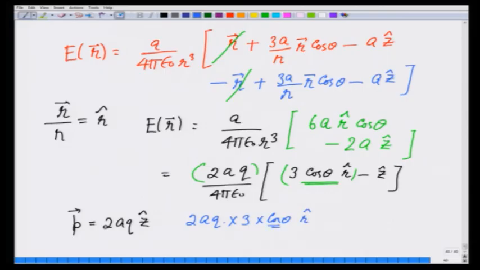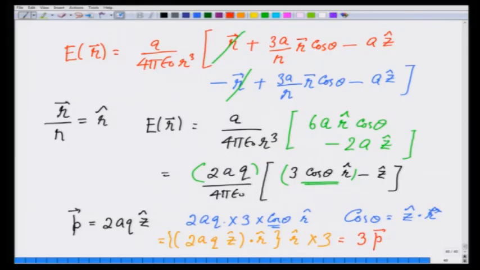Cosine theta is nothing but z dot r, r unit vector. So, I can write this as equal to 2 a q z dot r times unit vector r multiplied by 3, which is nothing but 3 p dot r r.